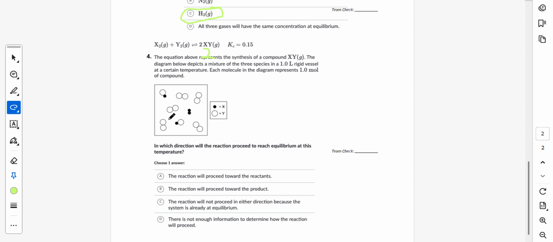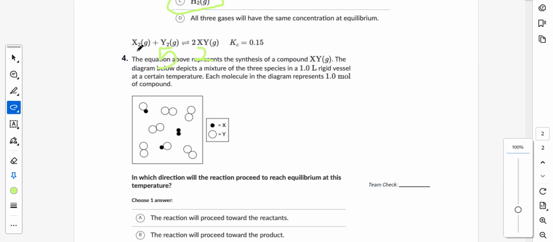And 1, 2, 3, 4, 5 moles of YY. Okay, so let me draw a little 5 there. 5 moles of YY, and there's only 1 mole of XX. In which direction will the reaction proceed to reach equilibrium at this temperature?